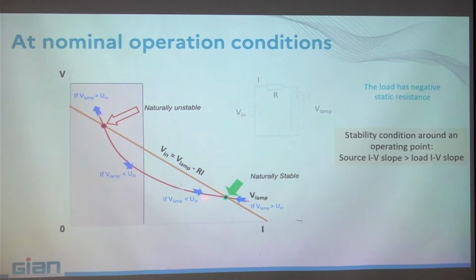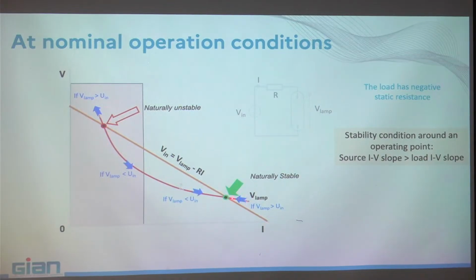If you go there or there, your system is unstable. Not only is it unstable, but we can show mathematically that if you are here or somewhere nearby, you will go to higher currents, and if you go to higher currents, your lamp will explode. And nothing can limit it. Above that, you go to higher powers.